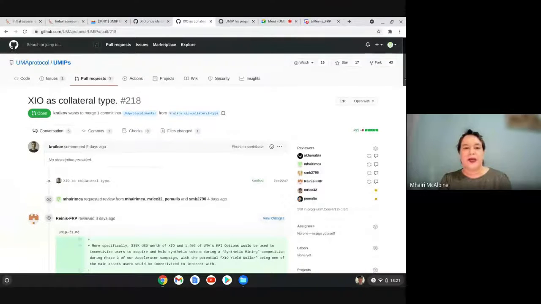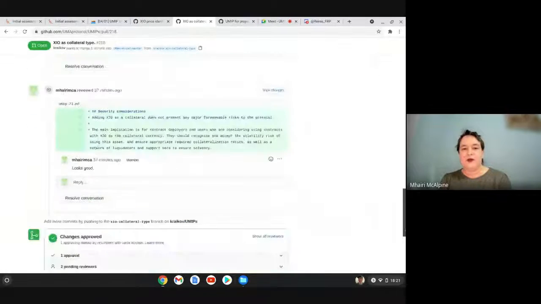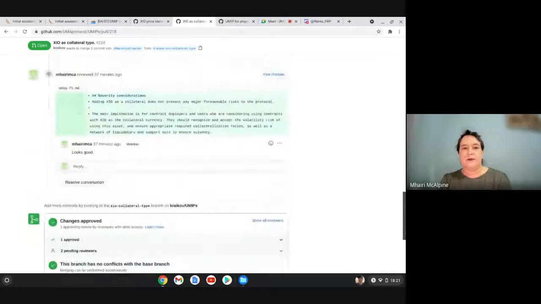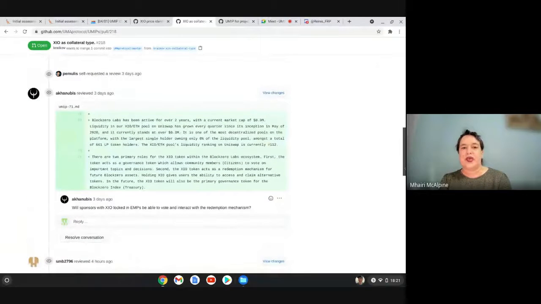There was a question somebody brought up about whether sponsors with XIO locked in EMPs would be able to vote and interact with the redemption mechanism. But I think that's more related to the XIO governance procedure.